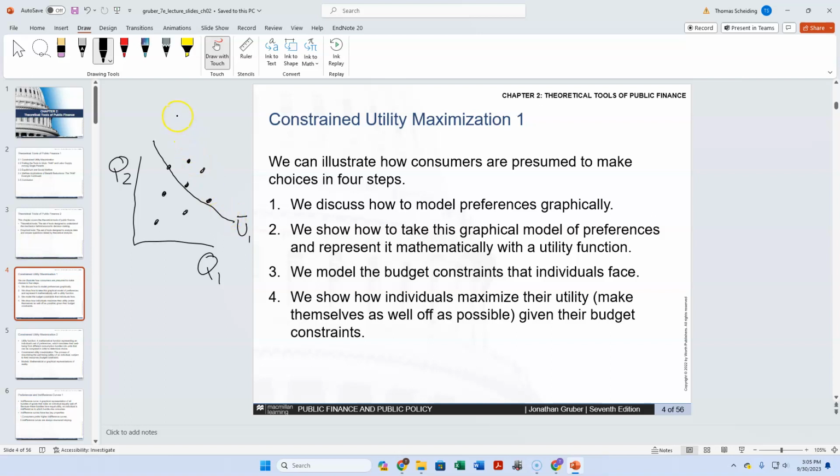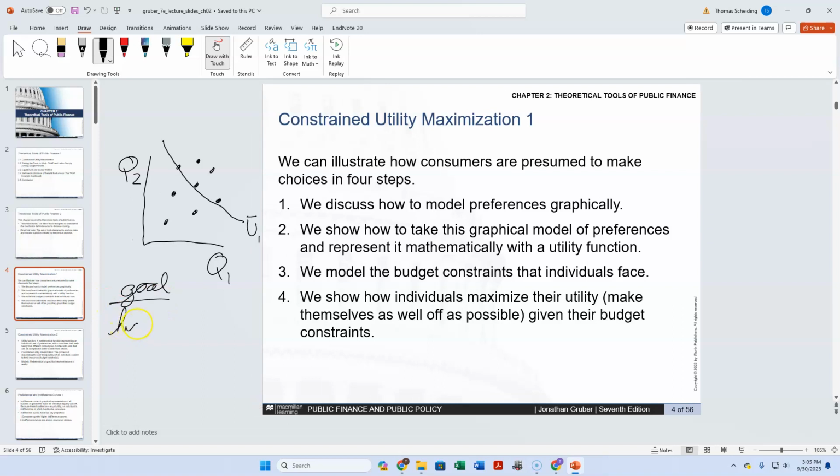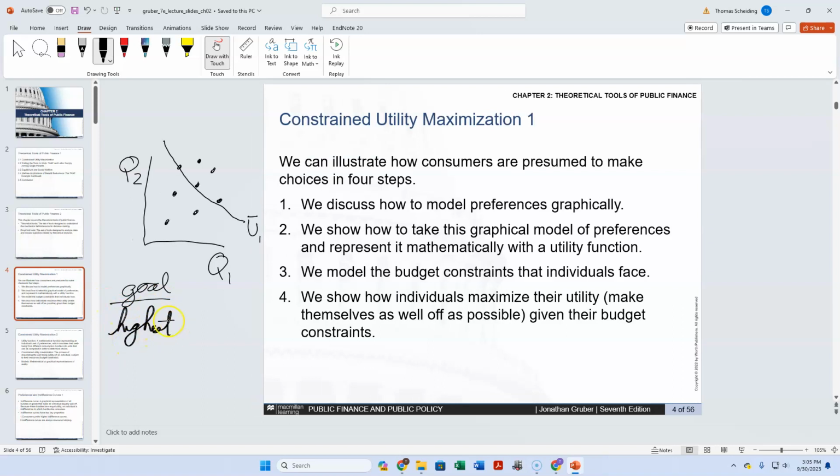Now, the goal of the consumer is always going to be to get the highest indifference curve. So they want to be on the indifference curve furthest from the origin. Along each of these indifference curves, the utility or the satisfaction is constant.